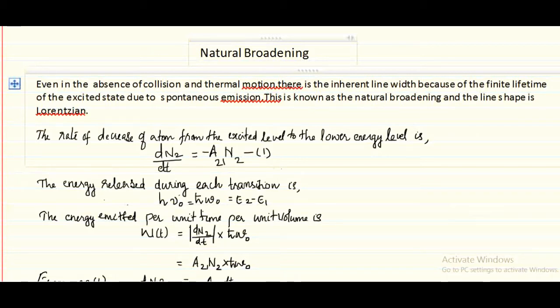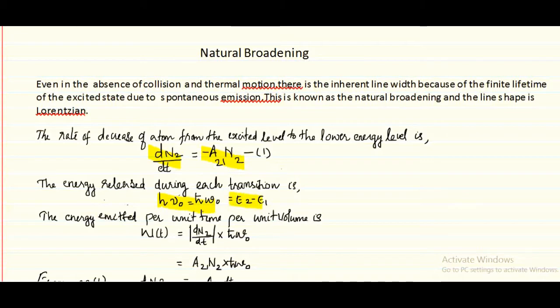Then the rate of decrease of atoms from the excited level to the lower energy level or to the ground level is given by dN2/dt equals minus A21 N2. Let this be equation number 1. The energy released during each transition is hν0 equals ħω0, which is equal to E2 minus E1.